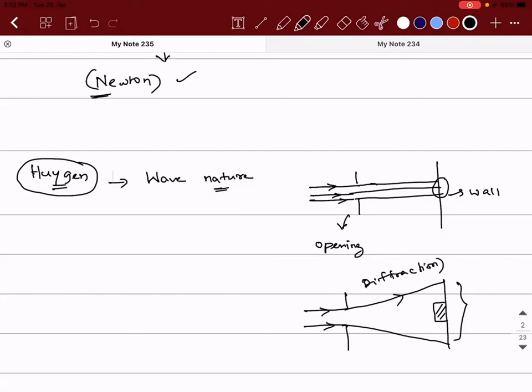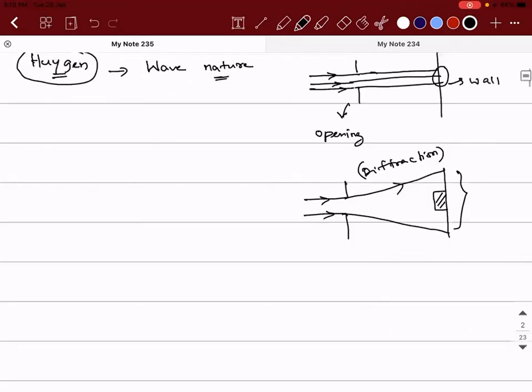Generally what happens is, suppose the door is closed and you're in this room and there is a person standing here and shouting. When you're here, you might or might not be able to hear them.